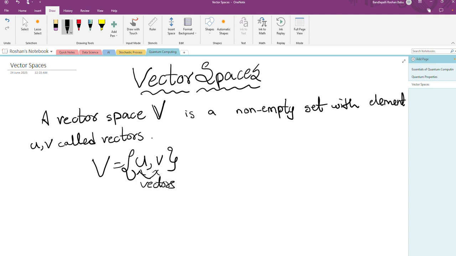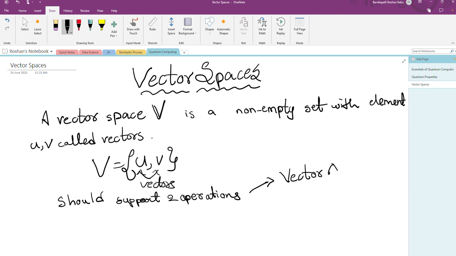The vector space V should support two operations. The first one is, any guesses?